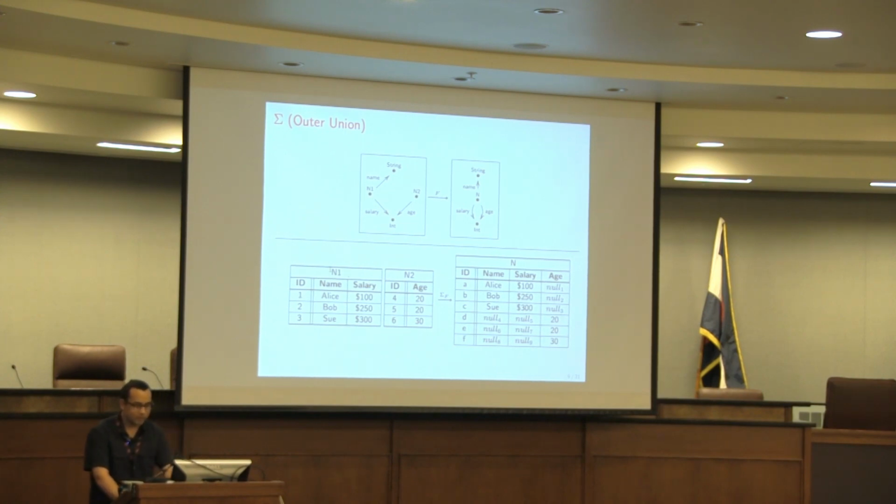You start with these 2 tables on the left, N1 and N2, each has 3 rows. You'll notice they're not union compatible. That's the slang. And so when you union them together, you end up with null or fresh made up values in the table here on the right. So in SQL, this would be an outer union kind of operation.